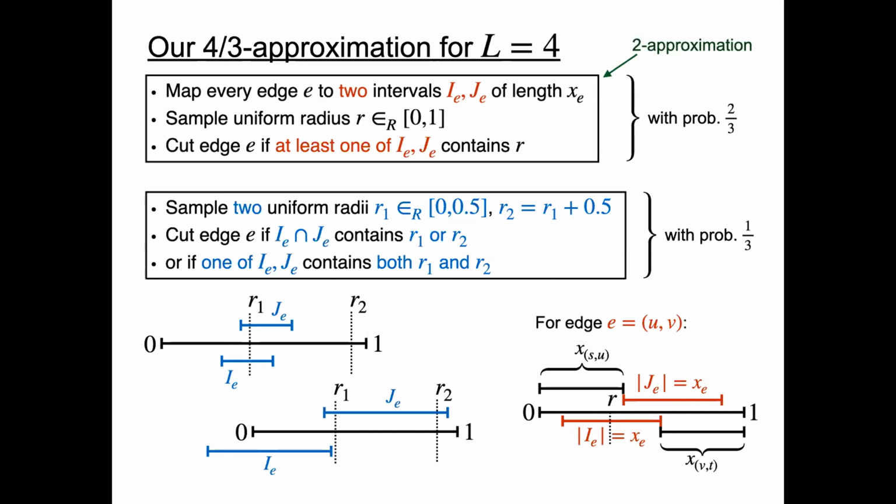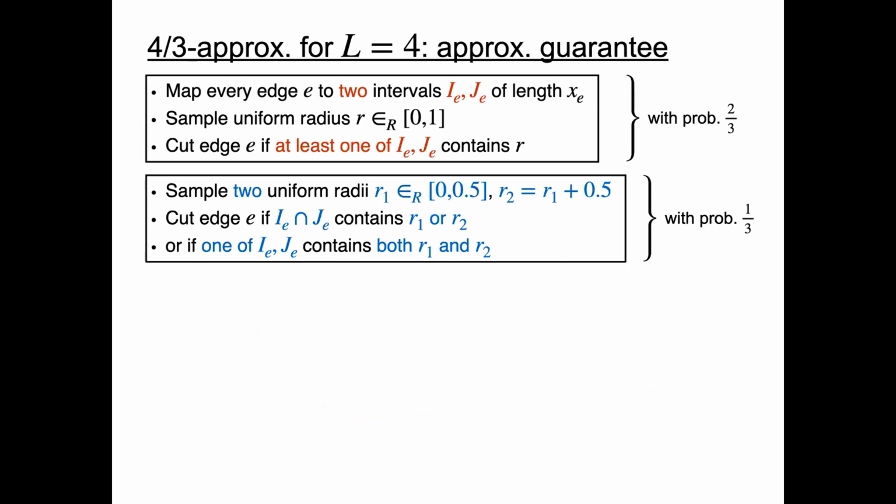So if you want to know why this gives a feasible solution, you can watch that. I will talk briefly about the approximation guarantee, so why this is a 4/3 approximation. And I'm only going to talk about edges which have LP value strictly less than half. The other case is quite a bit more technical, and you can read about it in our paper, as well as several other results.